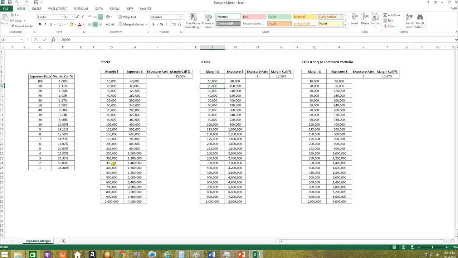So we have to start thinking smartly here around the volatility of Forex and what exposure rates we're willing to take.